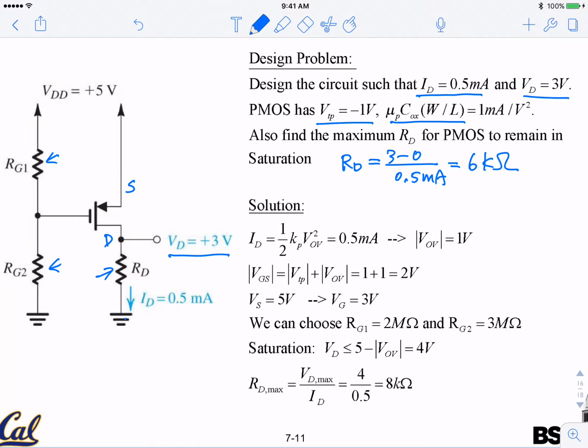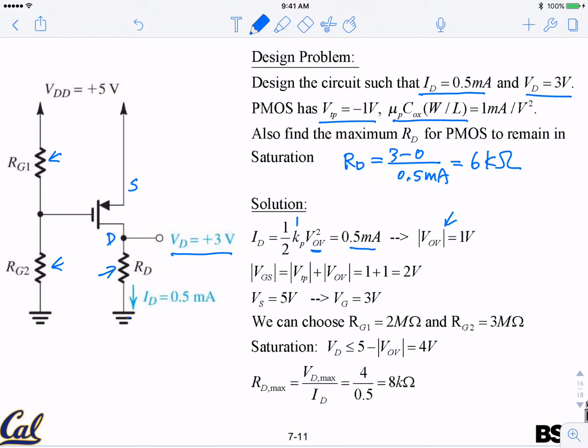So you find RD right away. And you can find your overdrive voltage easily because we know the current. You substitute that in: Kp is 1 and current is 0.5, so the overdrive voltage is 1 volt. And here I use absolute sign.